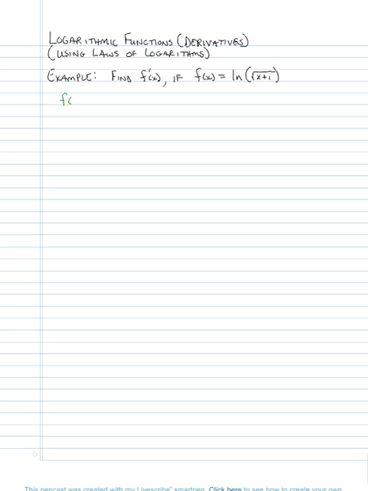Let me write down the function again right here. And before we find the derivative, let me remind you that square roots can be written as powers. So we'll write this as x plus 1 to the power 1/2. Now, when we do that, the third law of logarithms applies.